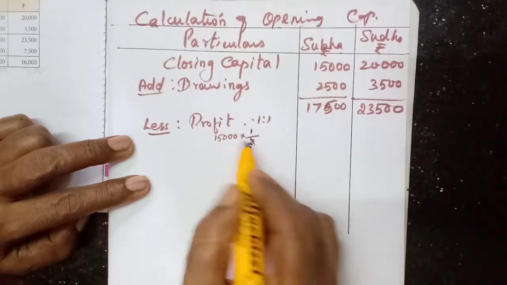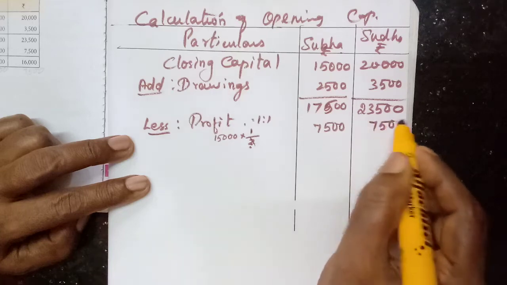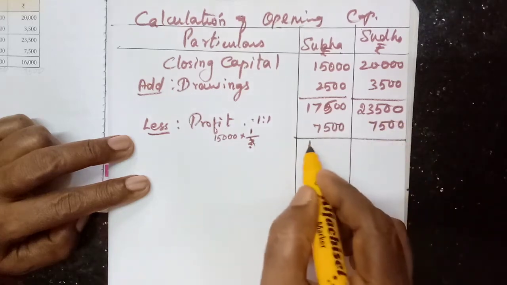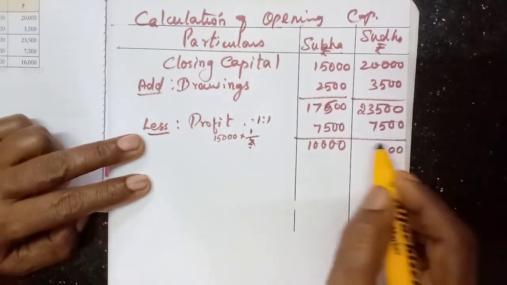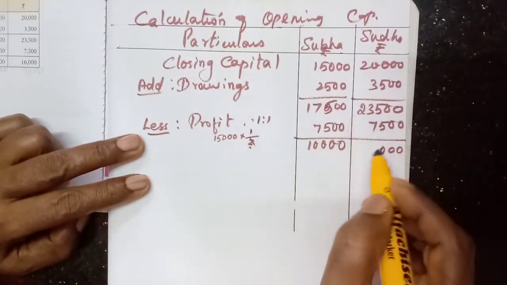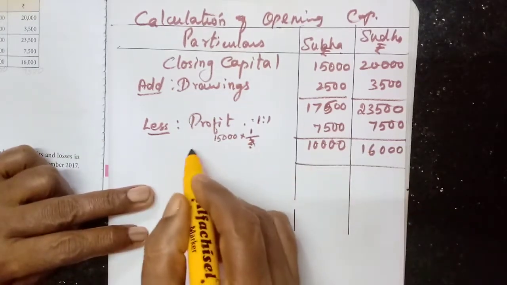So we divide and get 7,500 each. So 17,500 less 7,500 is 10,000, and 23,500 less 7,500 is 16,000. This is the opening capital.